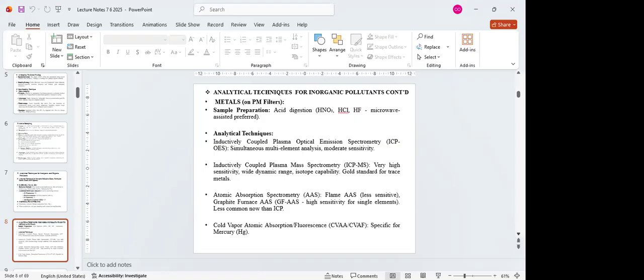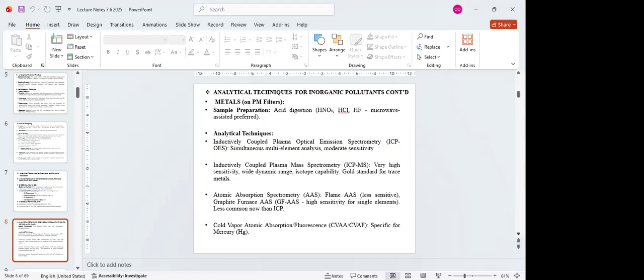Now, the other analytical technique that is employed, which is now the main analytical approach, because all this while we've been dealing with sample preparation, is the use of inductively coupled plasma optical emission spectrometry, ICP-OES. I would want you to, on your own, take a look at this ICP-OES. We can't pick them one after the other, but I'll try to explain some of them as we go along.